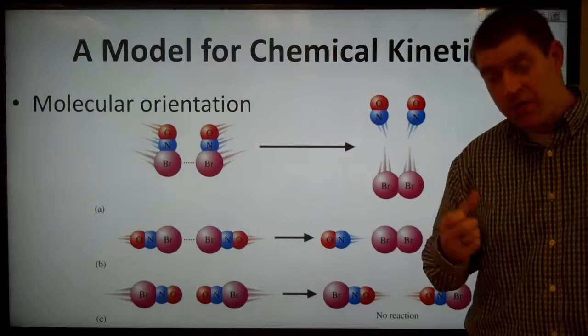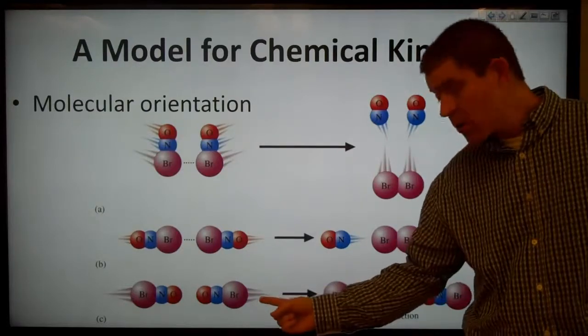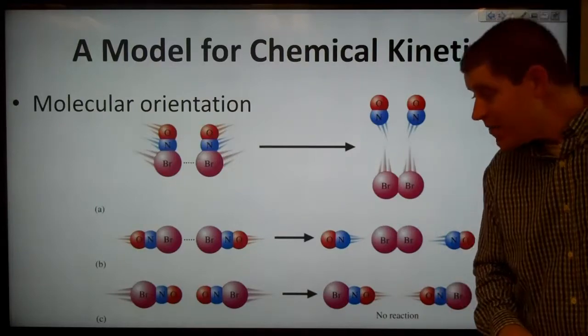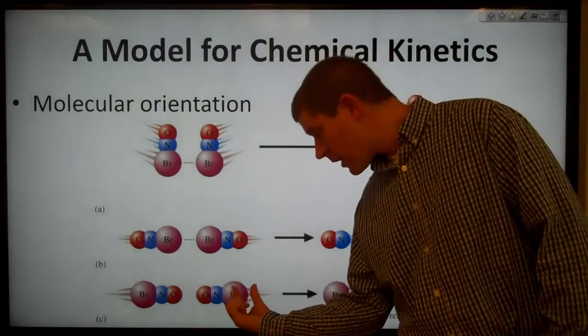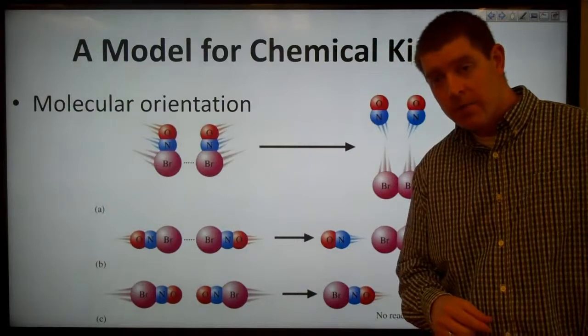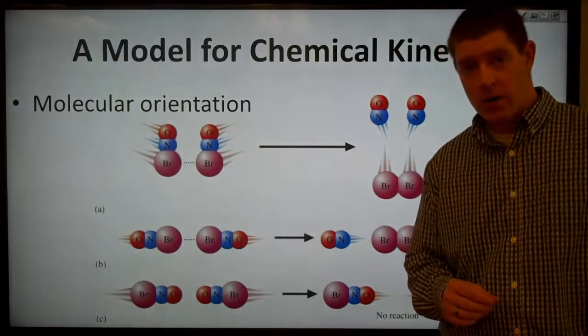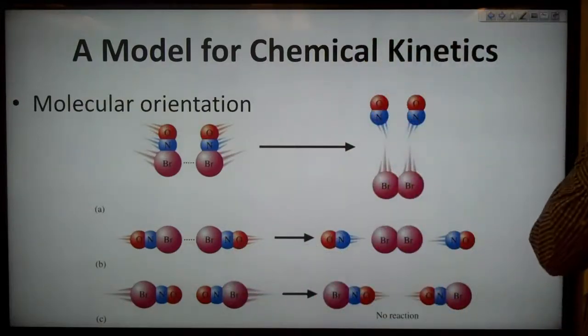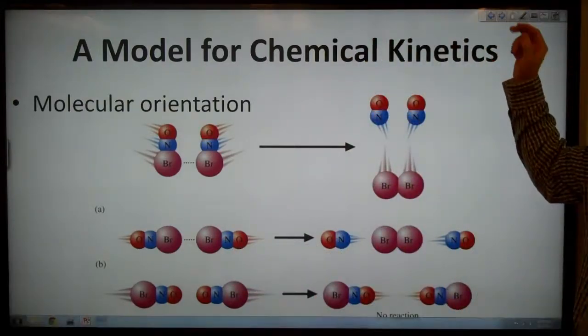Because even if they have enough kinetic energy, if they strike in the wrong orientation, we still can't form the bonds in the products that we need to form. So even if in this collision we're breaking a bromine-nitrogen bond, the bond will just form again almost immediately because that bromine hasn't then formed a bond with the other bromine atom.